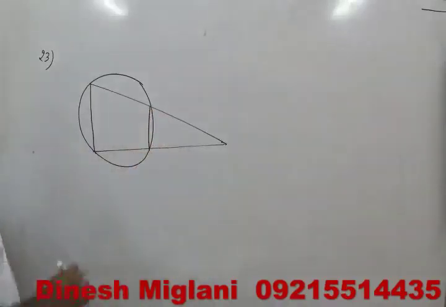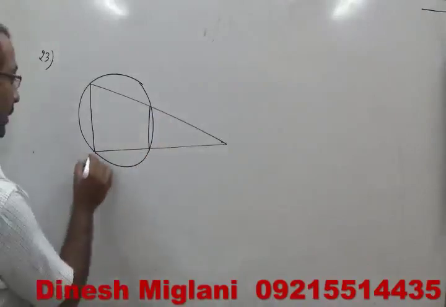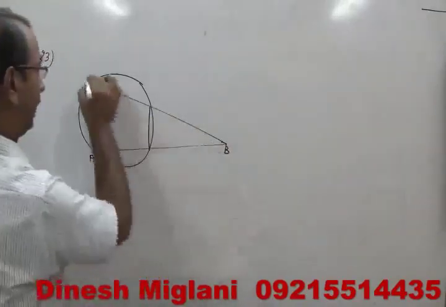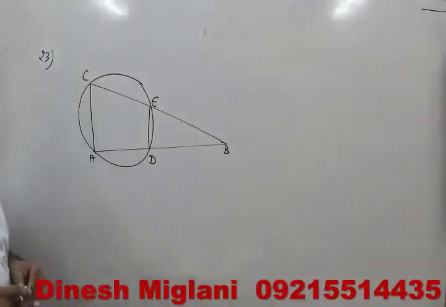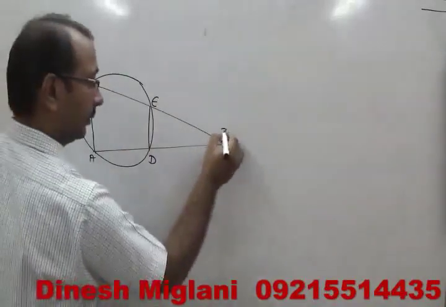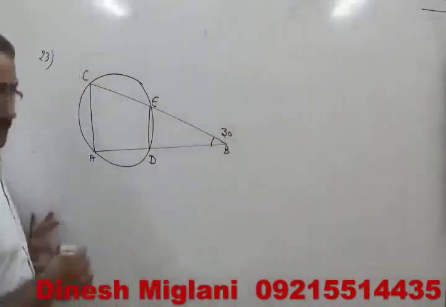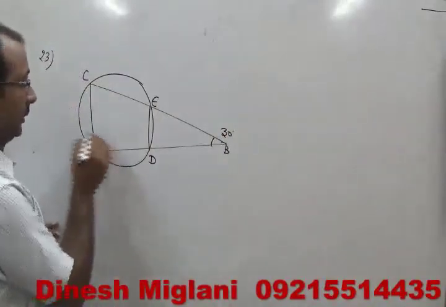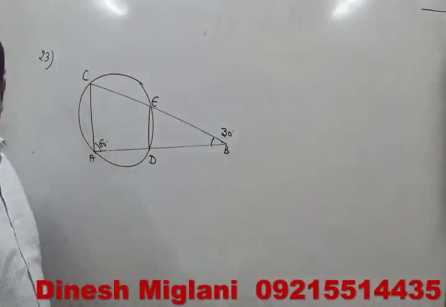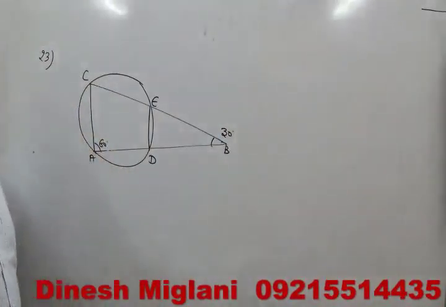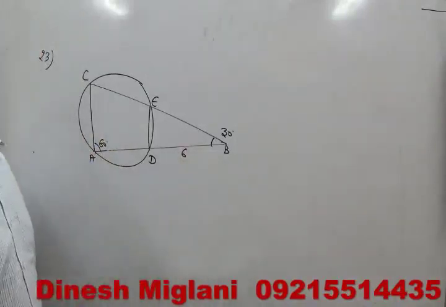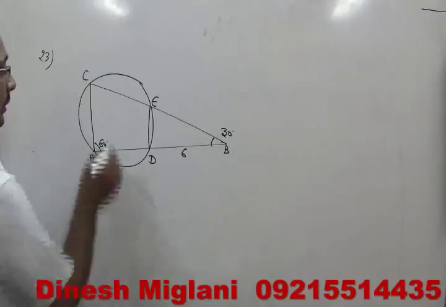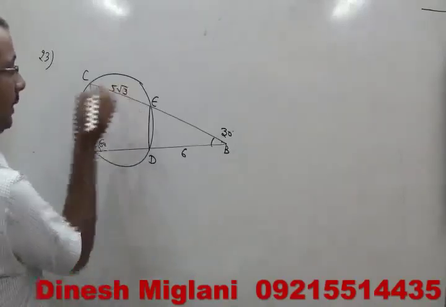Further given that the points are A, B, C, D, E. Then it is given that this angle is 30 degrees and this angle is equal to 60 degrees. Now it is given that BD is equal to 6 and CE is equal to 5 root 3.